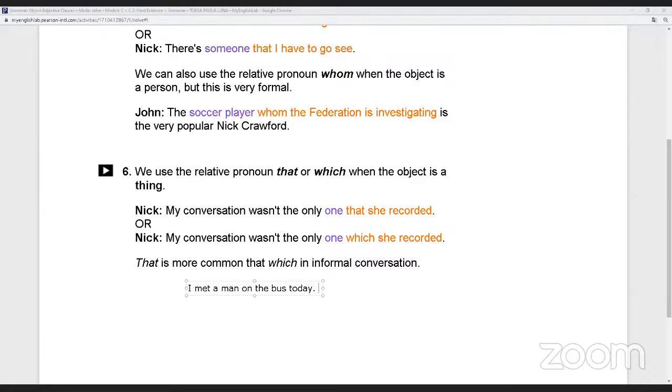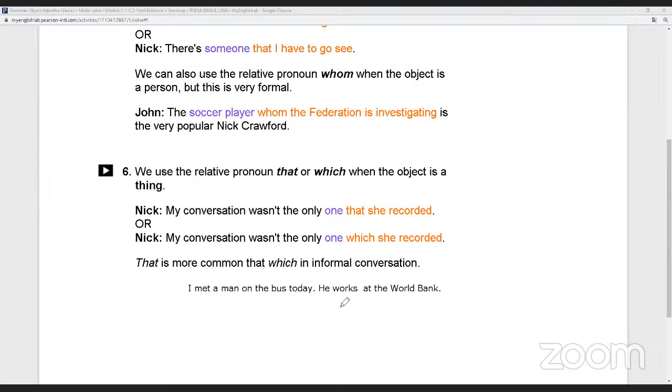He works at the World Bank. Now you have two sentences. Please combine it into one. So again, I'm going to help you in this.